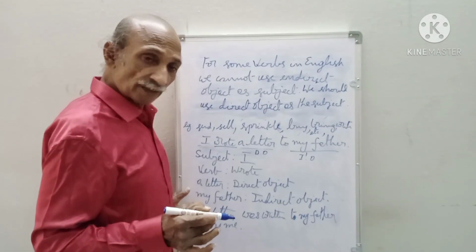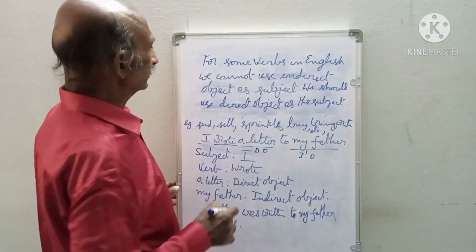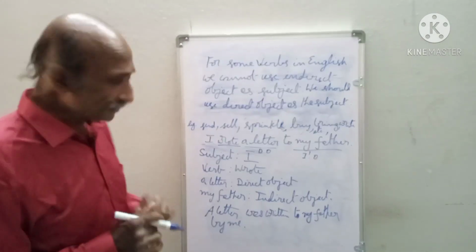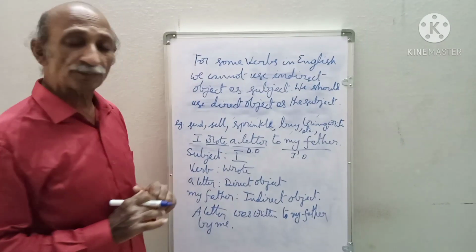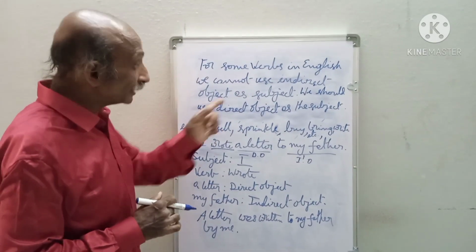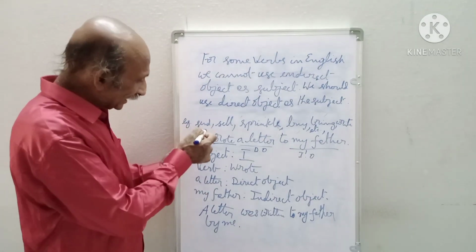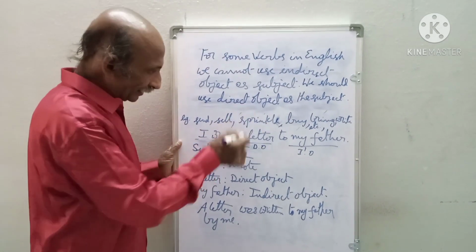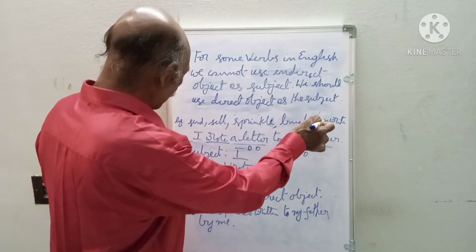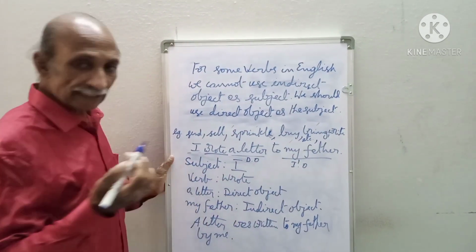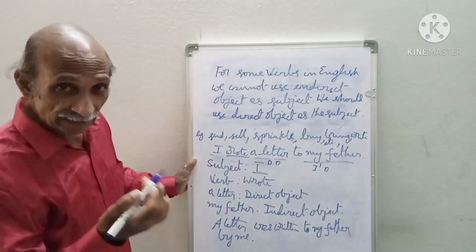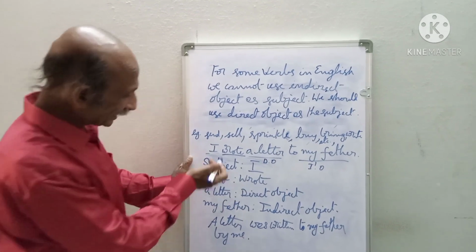Now my dear friends, look at the board here. For some verbs in English, we cannot use indirect object as subject. We should use direct object. Verbs such as send, sell, sprinkle, buy, bring, write cannot accept indirect object as their subject. Look at the sentence here.